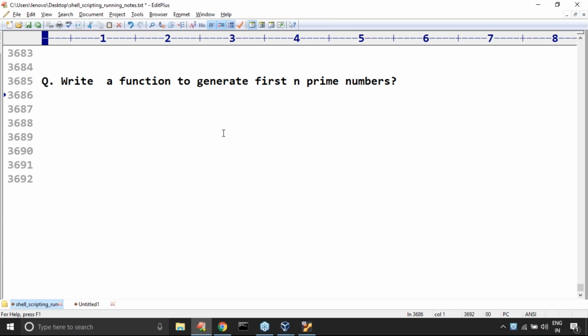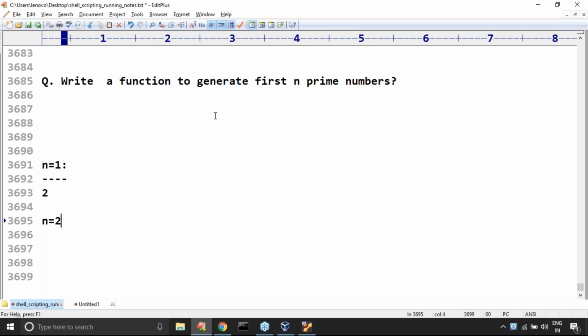If the count of generated prime numbers is equal to n, only then we have to stop. If n is equal to 1, can you please generate the first prime number? 2 is the answer.